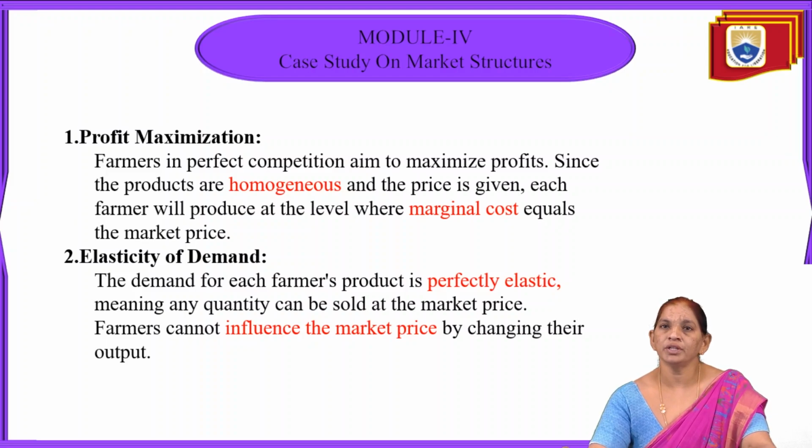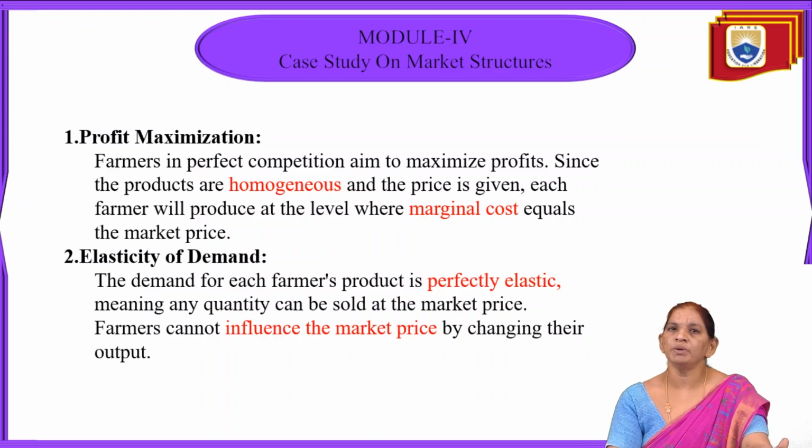The next feature of perfect competition was profit maximization. The farmers in perfect competition aim to maximize profit since the products are homogeneous and the price is given. So each farmer will produce at a level where marginal cost equals the market price. Profits can be earned in perfect competition only when we maximize the profit.